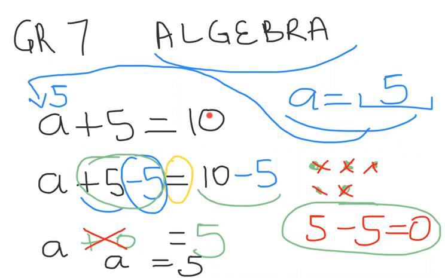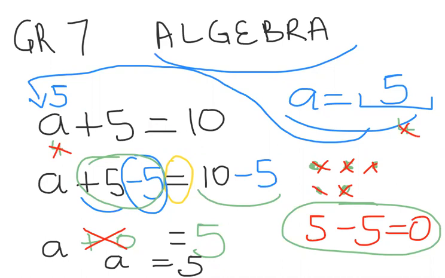And now you know your answer is correct. If you had a 4 over here, a equals 4, and you put that 4 over there, and 4 plus 5 is 9, and 9 is not equal to 10, then you know the 4 is wrong. So this is a nice way to test your answer.